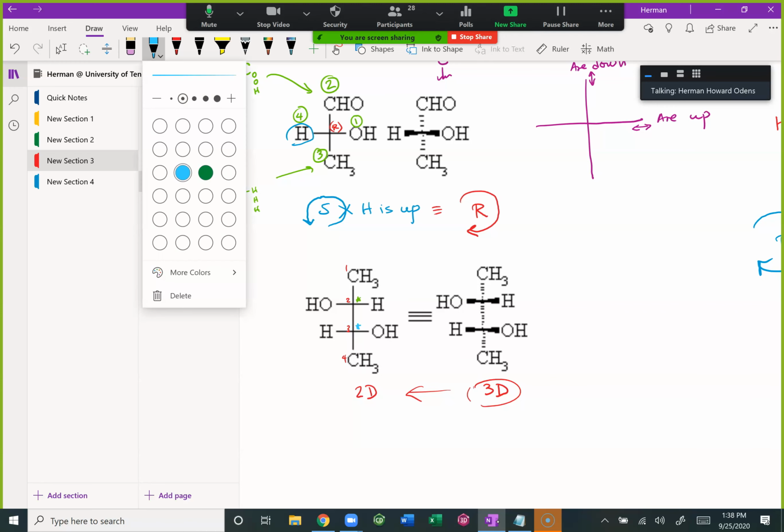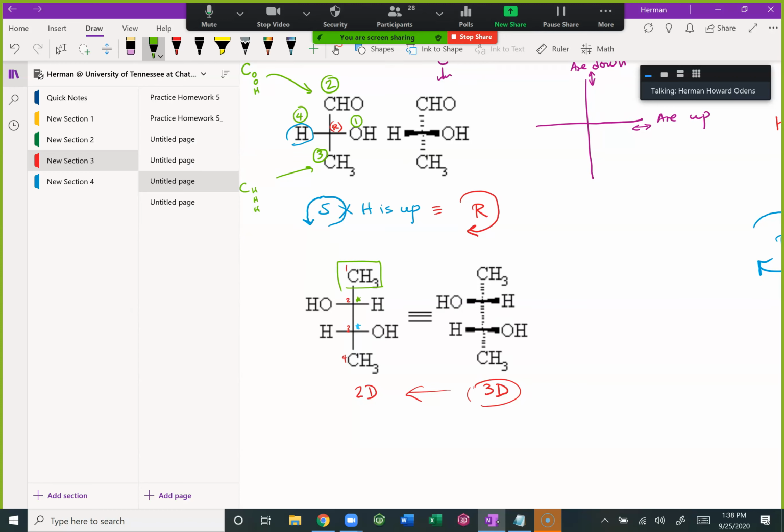When I deal with carbon 2, I'm looking at its 4 groups. Its 4 groups are CH3, H, OH, and this whole thing is the other group attached to it. That's how you need to visualize this. All right, let's do that one.